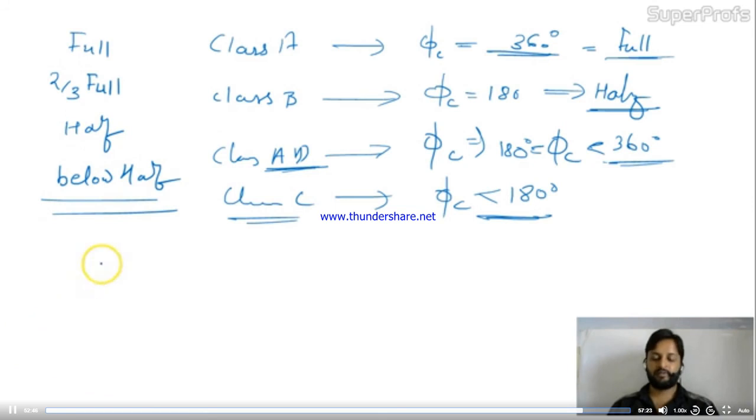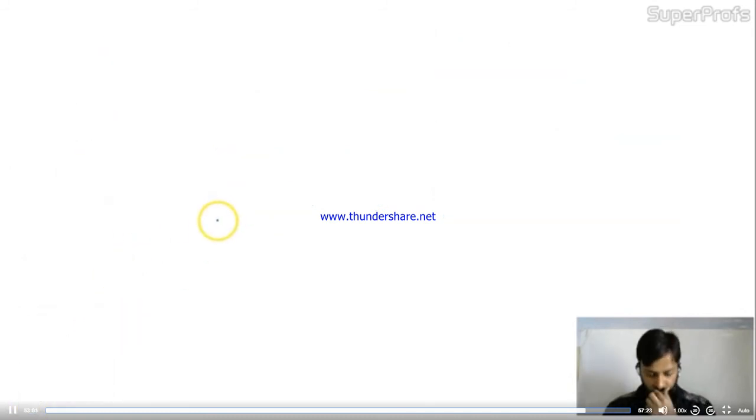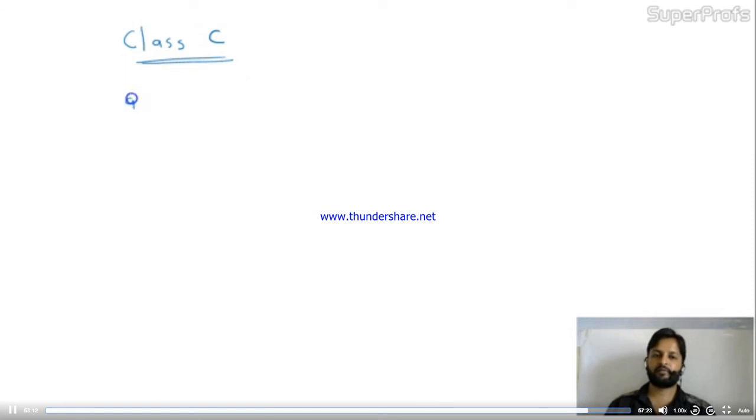Okay friends. Now the question is given. Let me take one question. So the question is: in the case of a class C amplifier, the load must be. Four options are given. Option A is pure resistive.